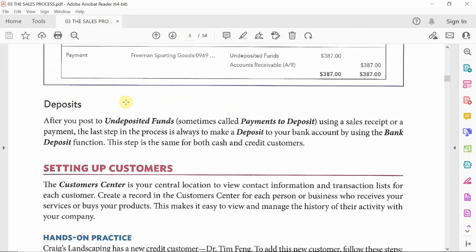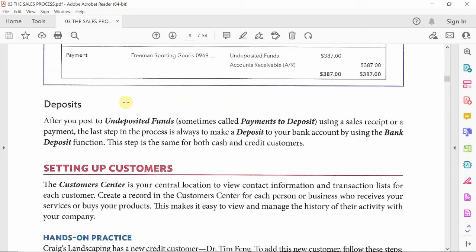Or oftentimes when you are running a type of store that accepts cash, it is very wise for you to deposit the money that you receive that day into your bank account. Especially for cash, right? Cash doesn't magically appear in your checking account.